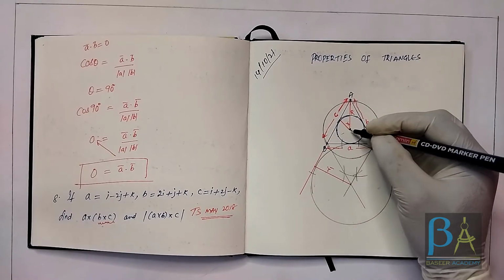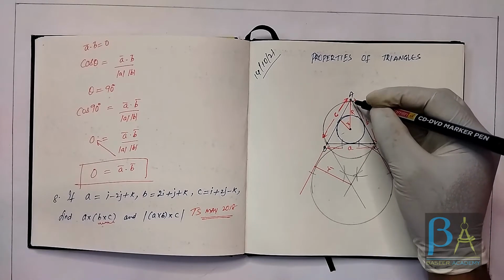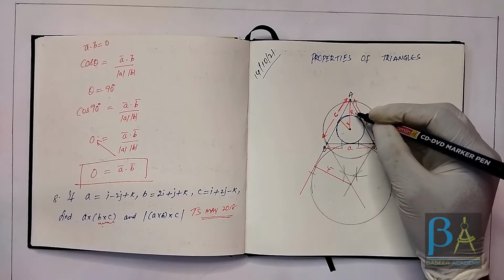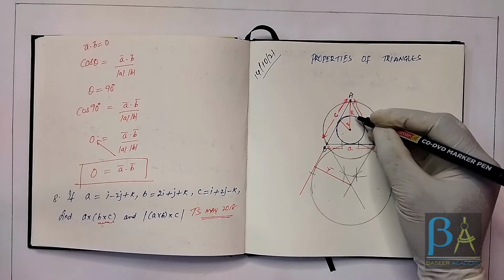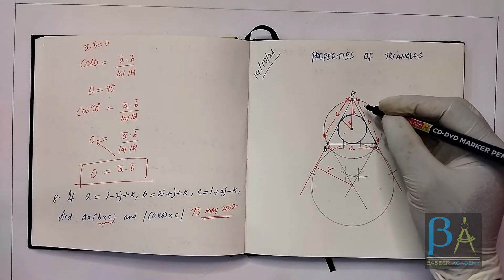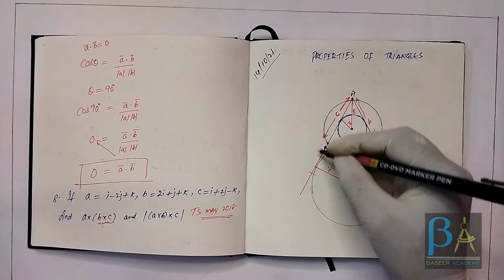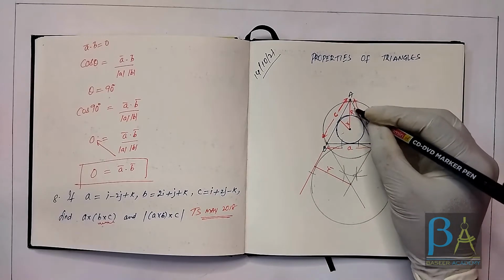The distance from the center of the circle to a point on the circle, you call it the radius. I have denoted this radius of the circumcircle by capital R. You can also call it the circumradius, which we denote by capital R.